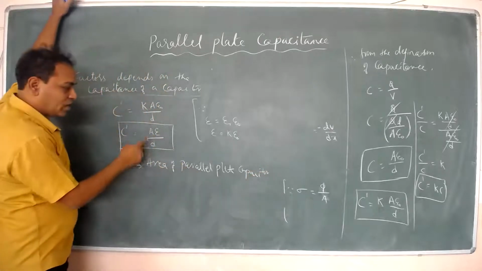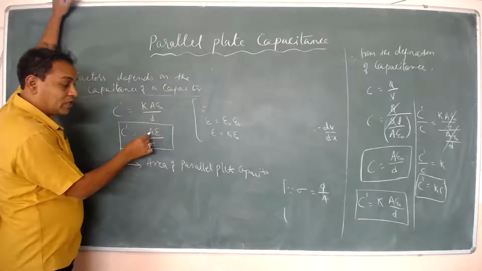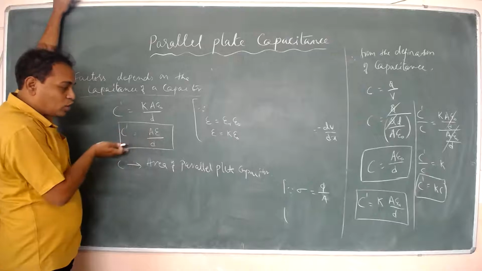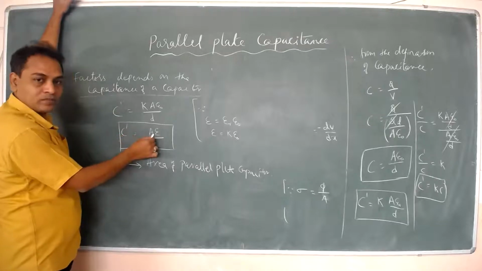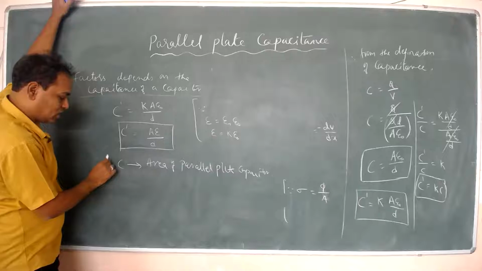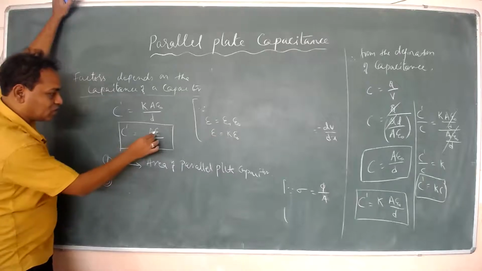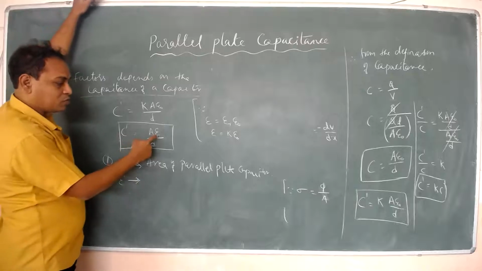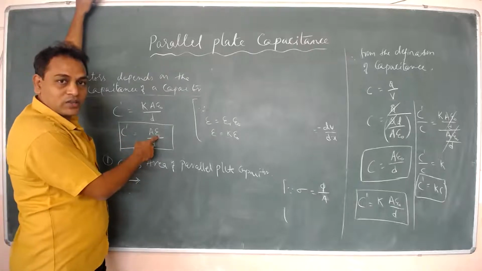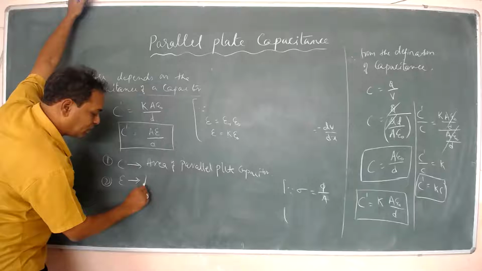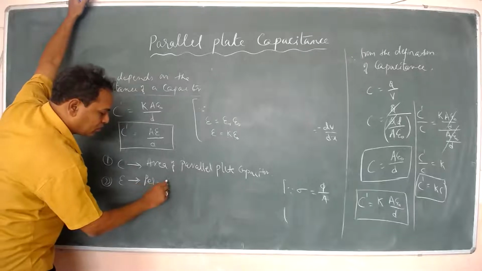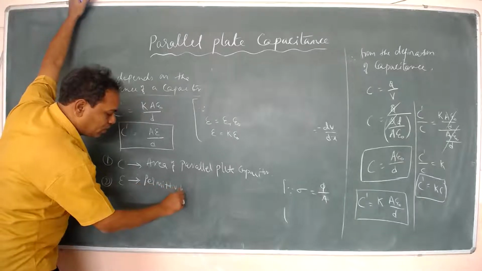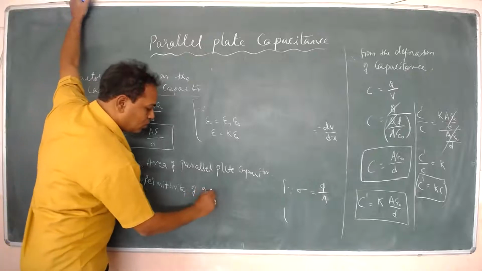That means as the area of the parallel plate capacitor increases, capacitance also increases. Why? Because it is directly proportional. This is the first factor. The second factor is epsilon. What is epsilon here? This is nothing but the permittivity of a medium.